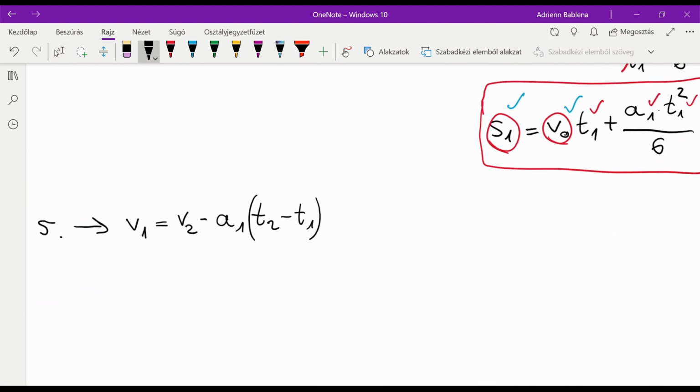And now we can write every concrete value into our equation.